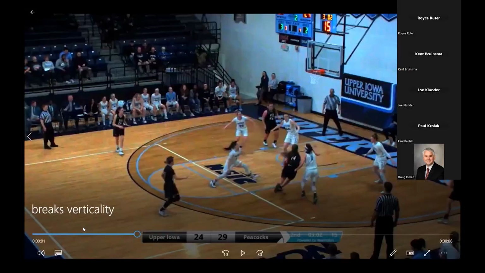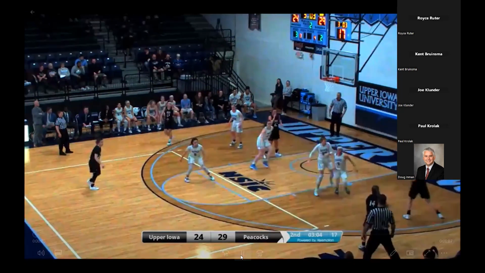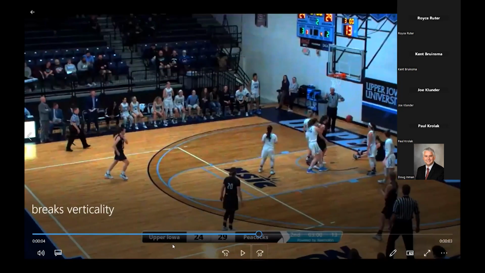So we're going to have a drive to the basket. Secondary defender is going to slide over to help to contest the shot. And you see that arm drop down and catch the top of the head of the offensive player.